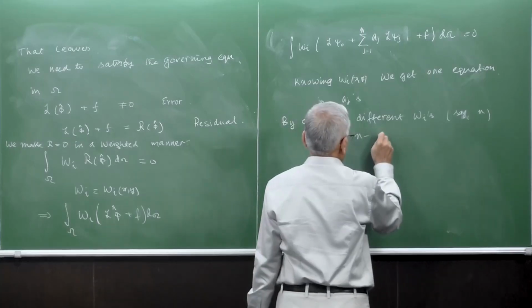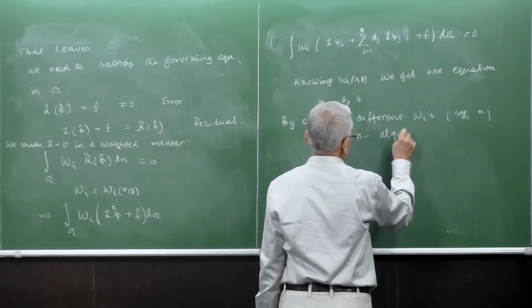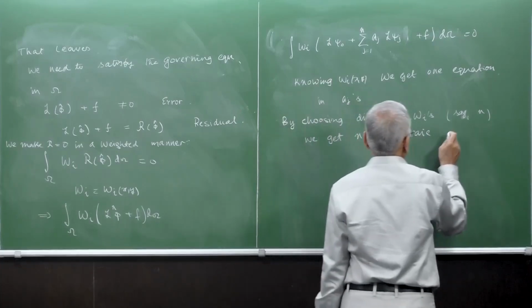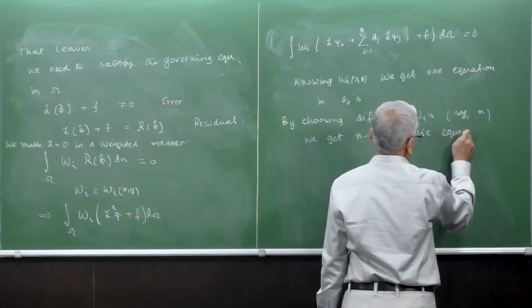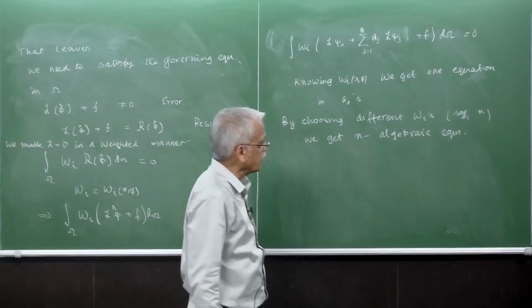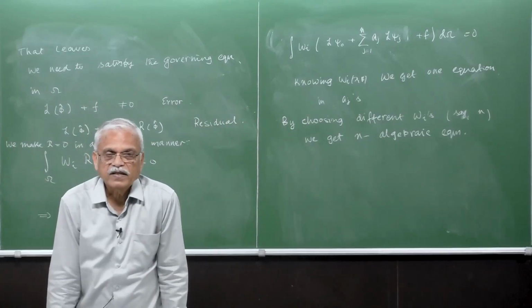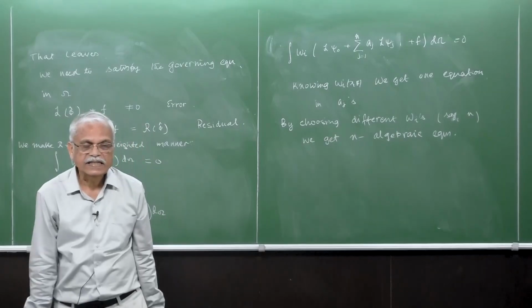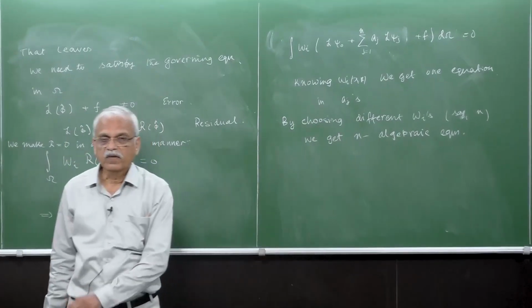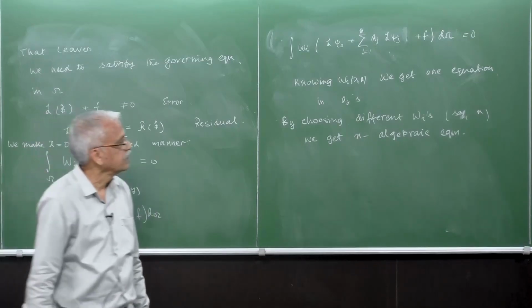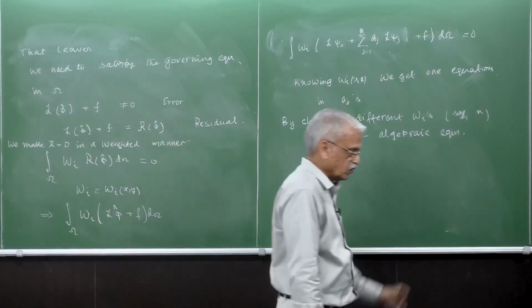These are all algebraic equations. So theoretically it's very clear. Choosing the weighting function, for each weighting function we get one linear equation, and if you have n weighting functions, you will get n algebraic equations.